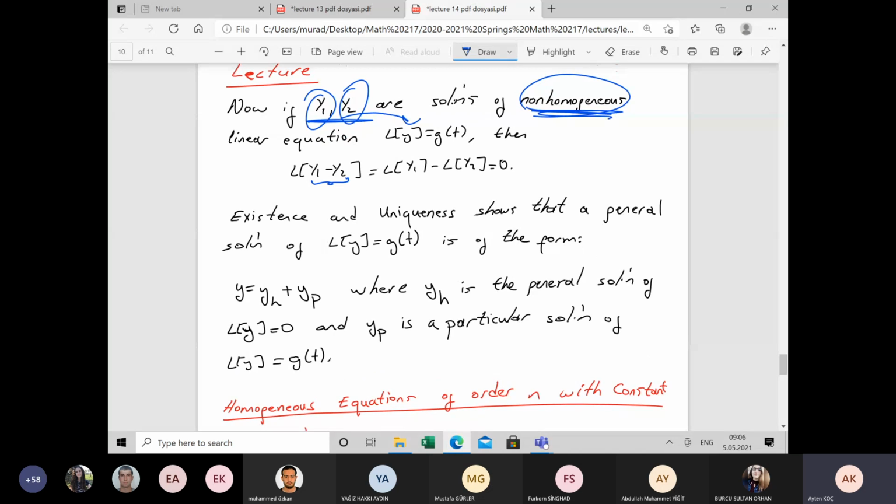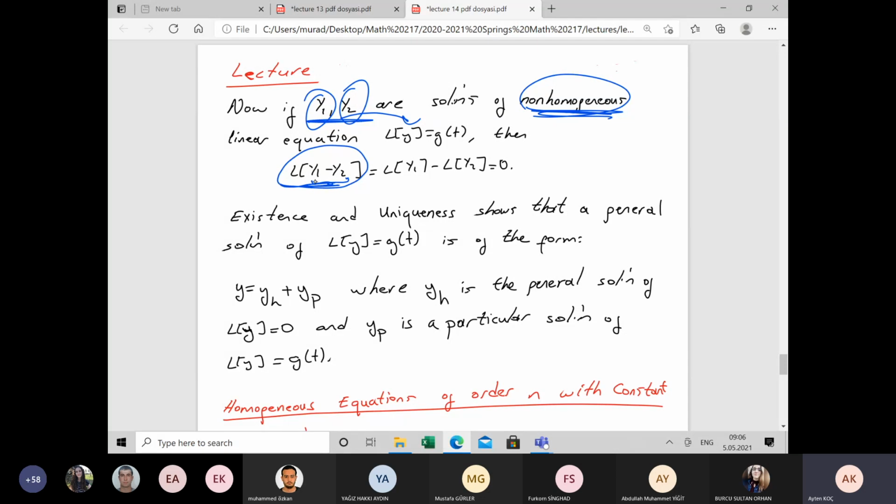Compute this one: it is easy to see that L of y sub 1 minus y sub 2 is, we know that L is a linear operator, so we can write L of y sub 1 minus L of y sub 2.